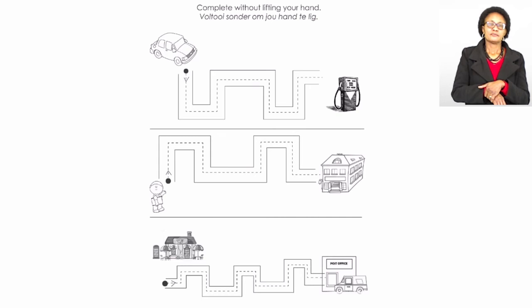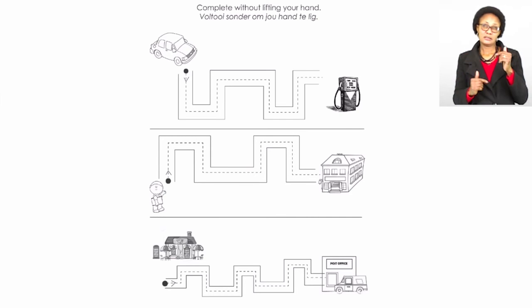Let's try another one. Here we have a boy and he's holding a book and he needs to get to school. So let us take our finger again and we're going to help this boy get to school.